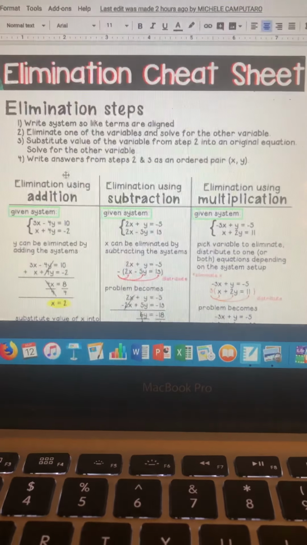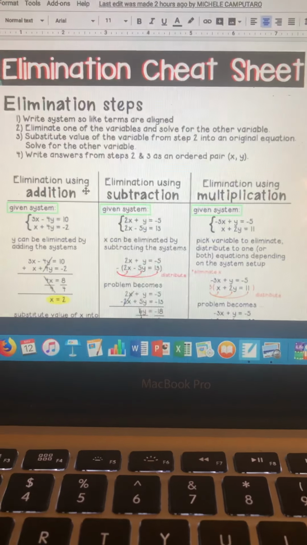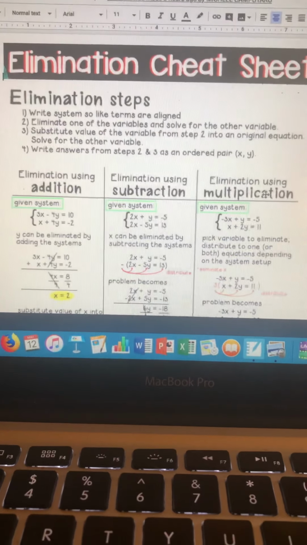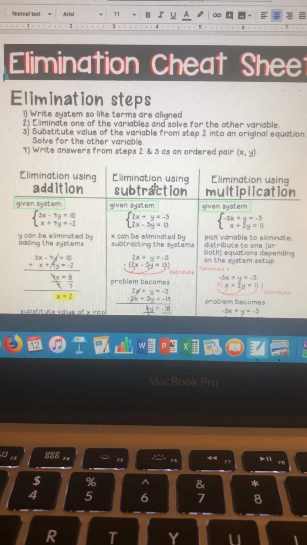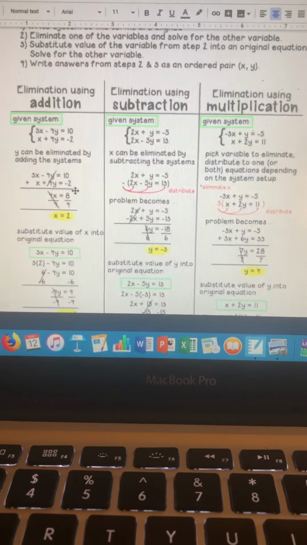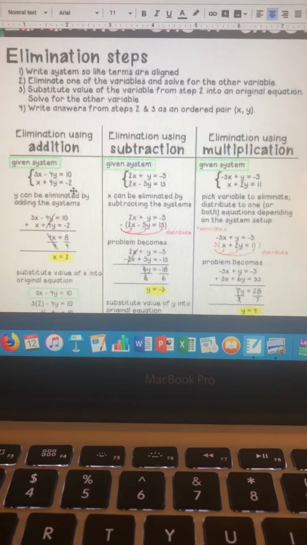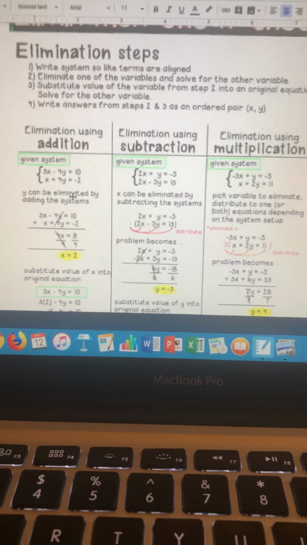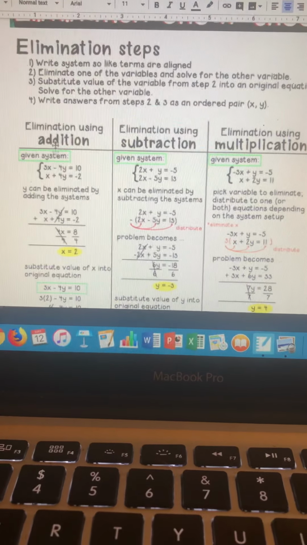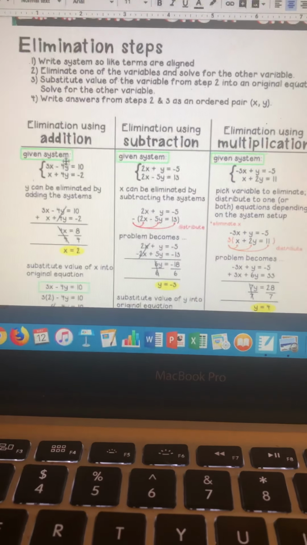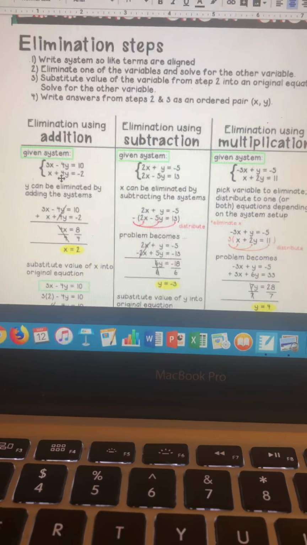You know that there are the 3 different ways we can solve using elimination: addition, subtraction, and multiplication. I thought this was pretty cool because it gives you an example of each, solved. It gives you some pointers at the top, the steps. But what you really need to remember is that we use addition when we are given coefficients that are opposite.